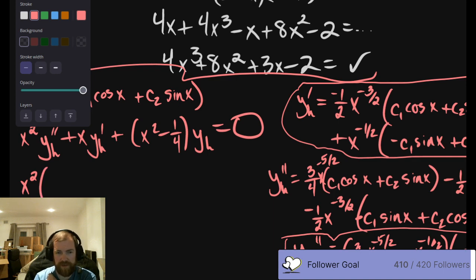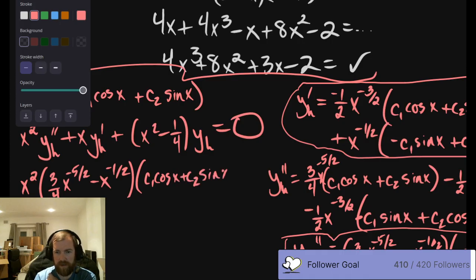X squared times 3/4 x to the negative 5/2 minus x to the negative 1/2 multiplied by c1 cosine x plus c2 sin x. That is in brackets because we also need to add in the other thing.